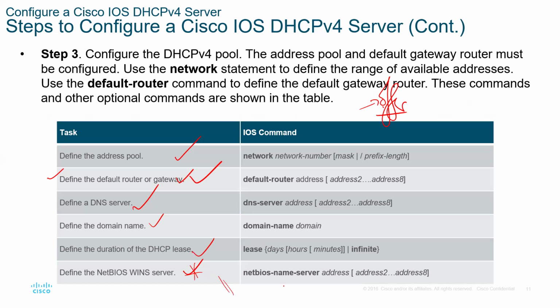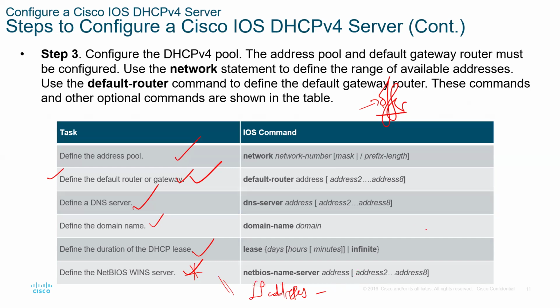NetBIOS is a legacy protocol that is used to map, I think it should be IP addresses to, is it to domain names? No. I'm forgetting the name. Let me see.